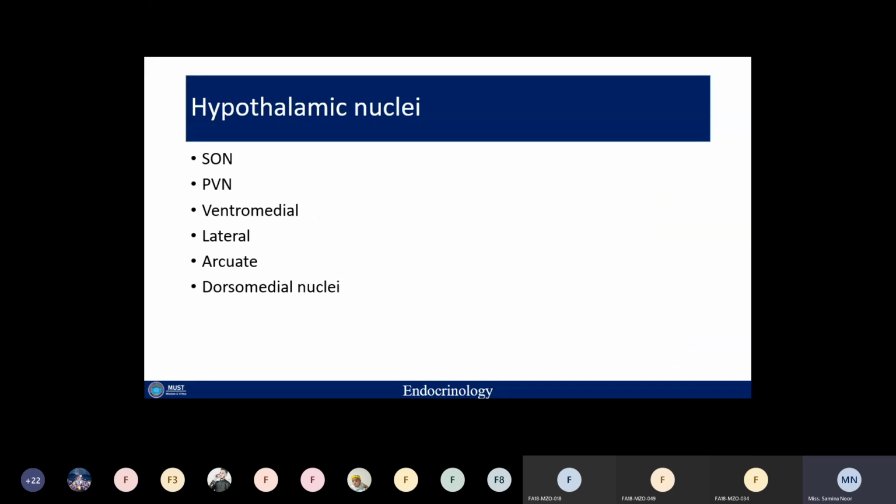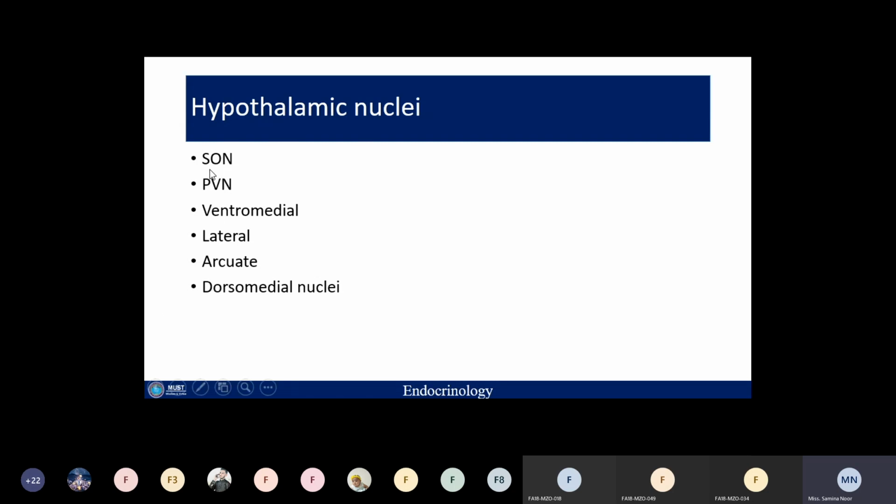Next, as we have already discussed the nuclei, the hypothalamus consists of clusters or aggregations of cell bodies, and such clusters are known as hypothalamic nuclei. These hypothalamic nuclei secrete various kinds of chemical messengers, known as neurohormones.